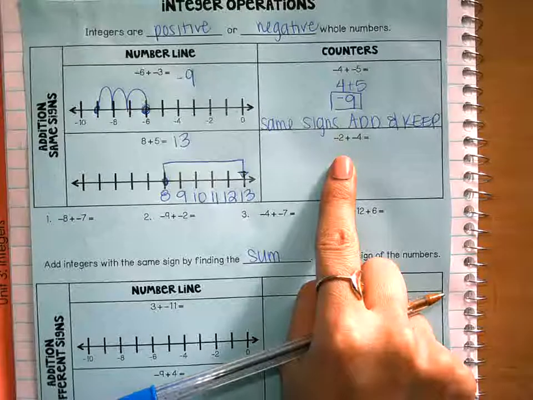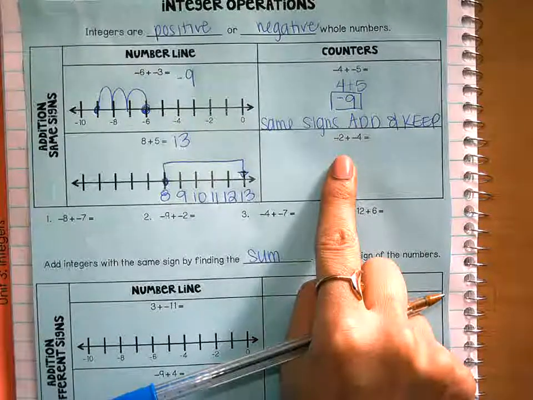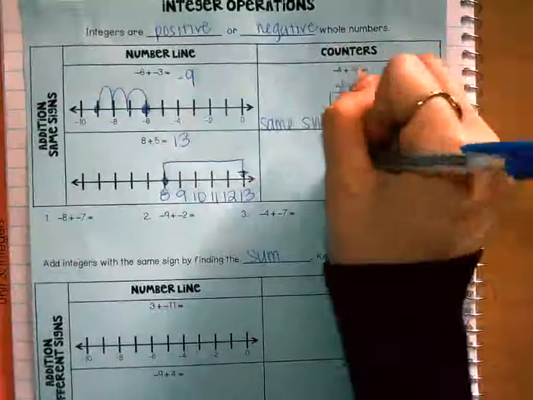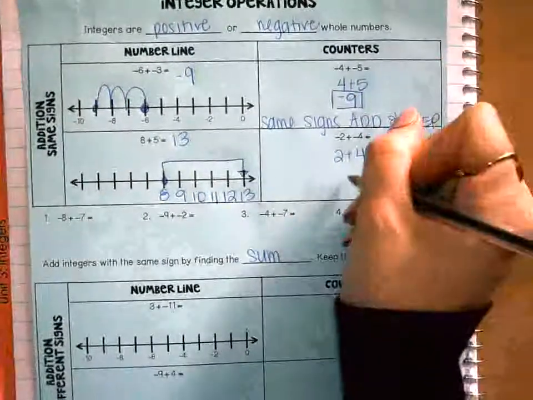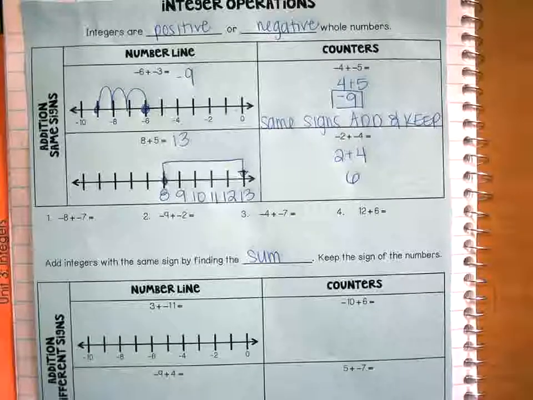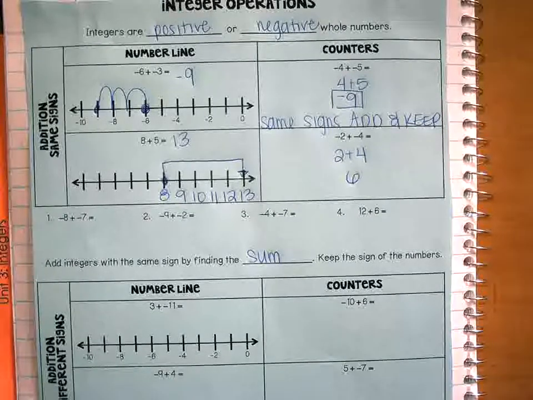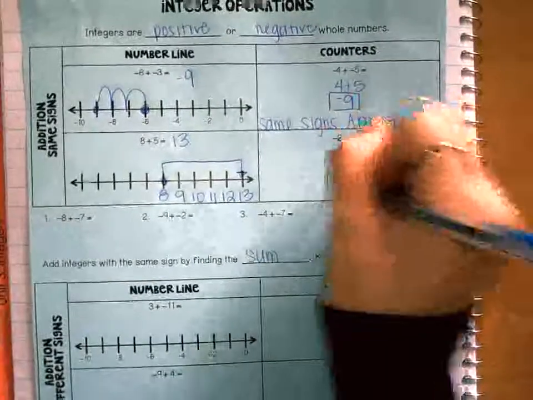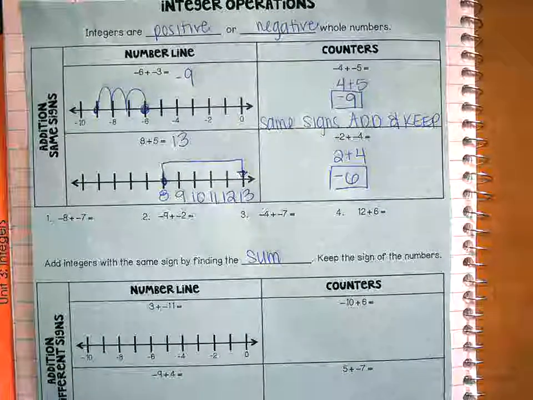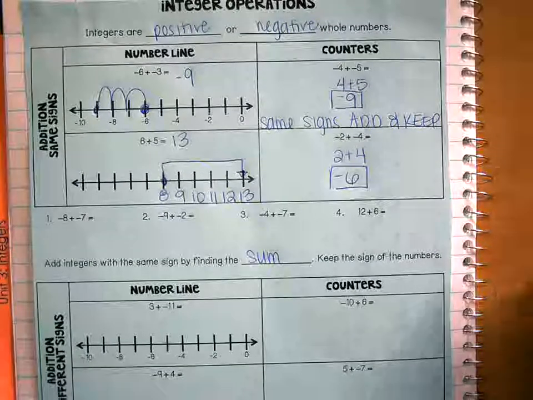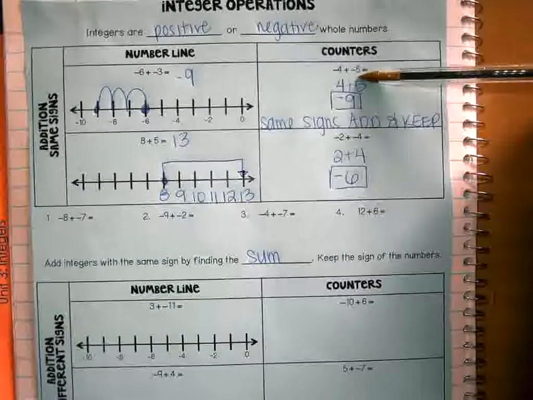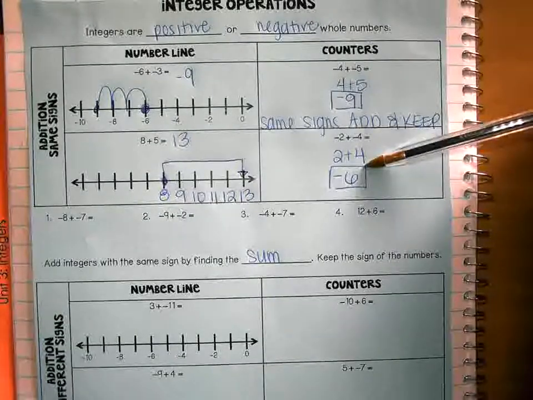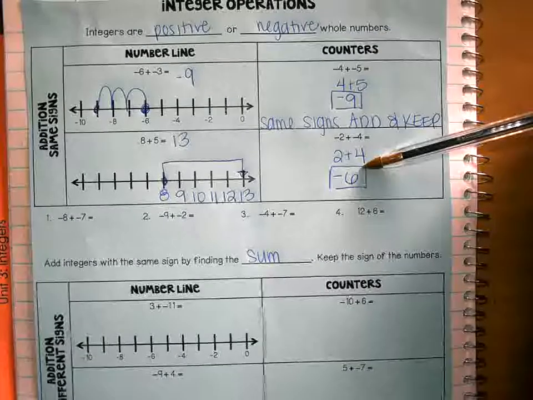So that means I need to do what operation? Add. 2 plus 4 is? 6. And are they negatives or positives? Negative. So my answer stays a negative, and it's negative 6. Do you think you have to write down this step of 4 plus 5 and 2 plus 4? Yes. That's your work. Is that understood?